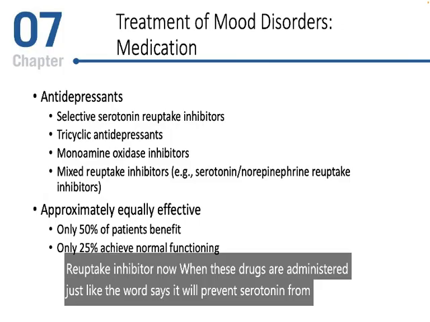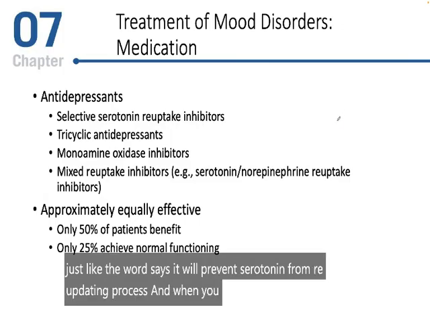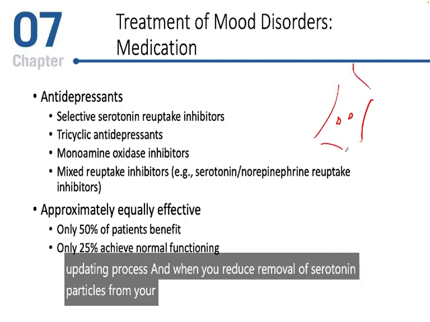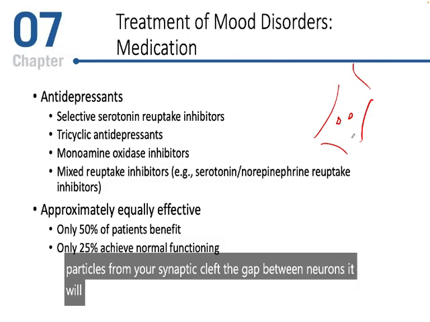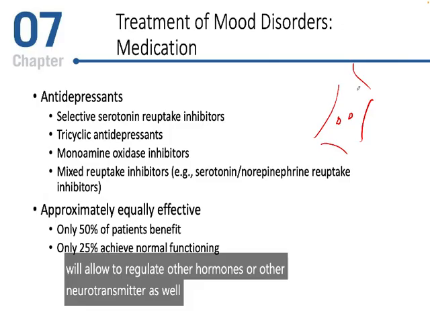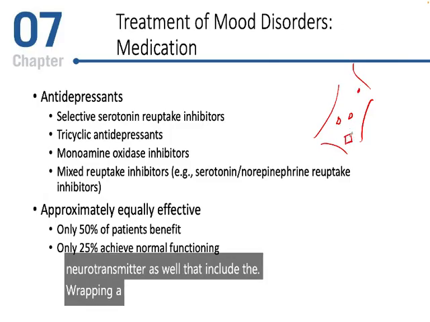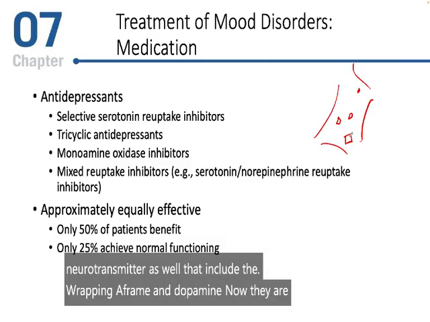And when you reduce removal of serotonin particles from your synaptic cleft, the gap between neurons, it will allow other hormones, other neurotransmitters as well, that include norepinephrine and dopamine, to be regulated better.